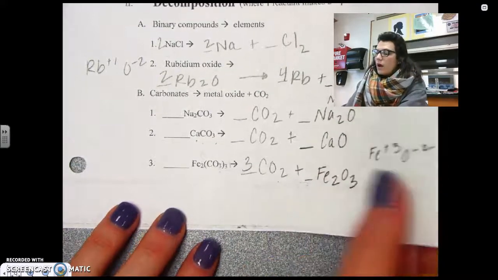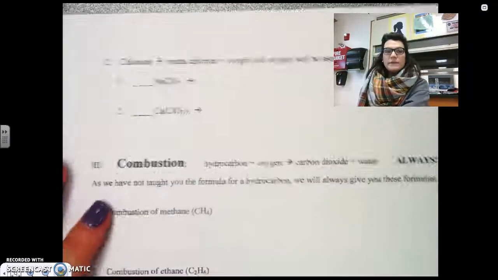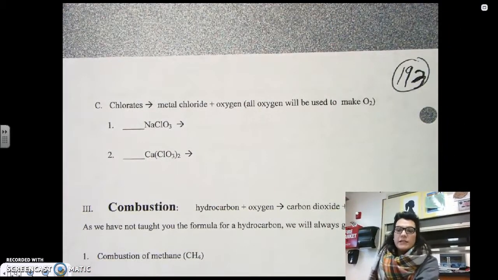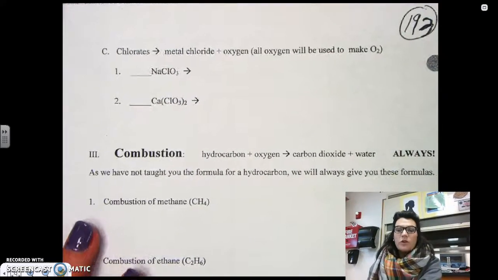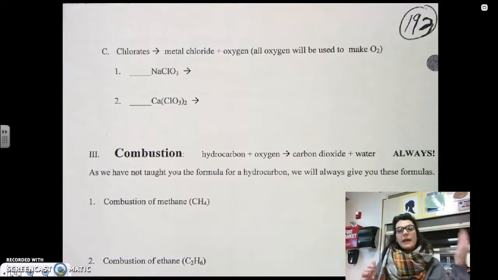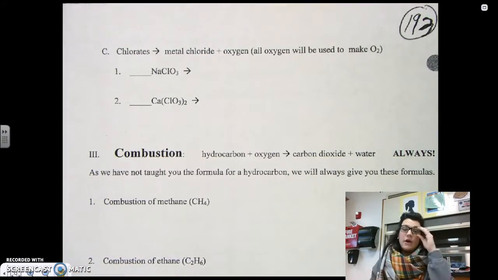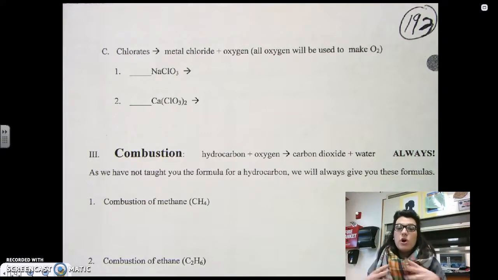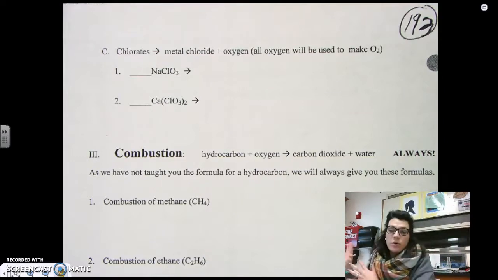All right, and the last decomposition we can have is a chlorate decomposition. In a chlorate decomposition, instead of making a metal oxide and carbon dioxide, we're going to make a metal chloride and oxygen gas. You always have to make sure that you do O2. For example, if I see NaClO3, all of that oxygen is going to go to O2.